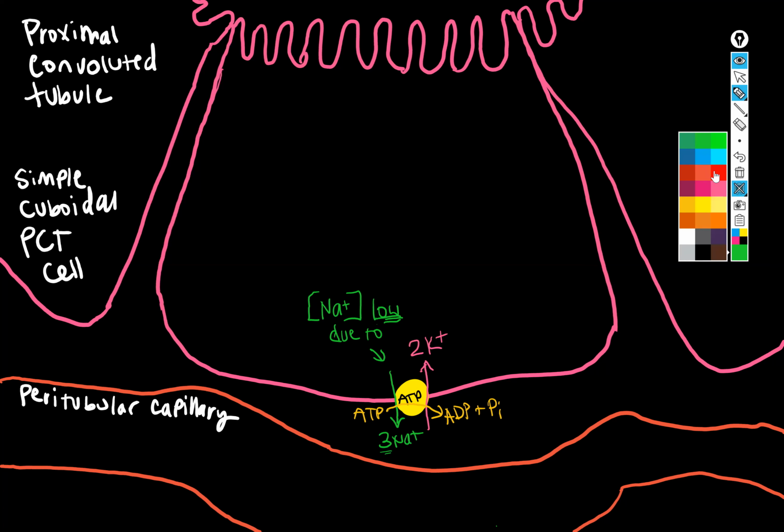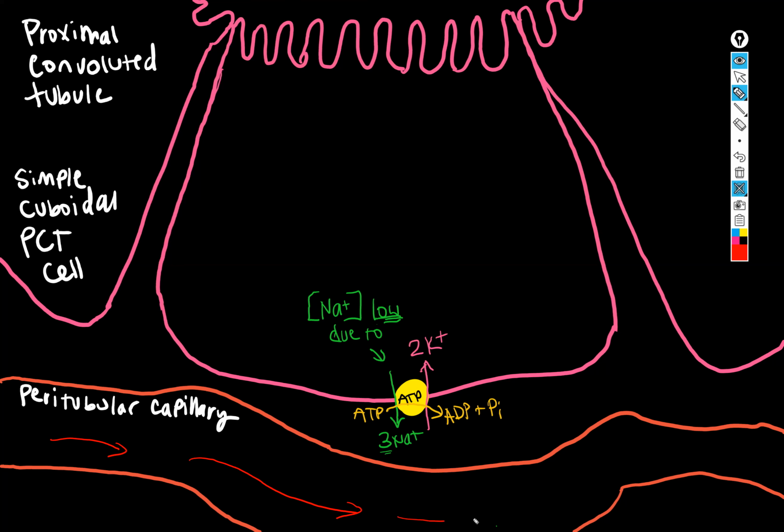And another thing to keep in mind is the peritubular capillary, the blood in it is in motion. So it's not just the same fluid sitting in here, which would allow this to equilibrate. We have super high sodium in between the capillary and the cell.